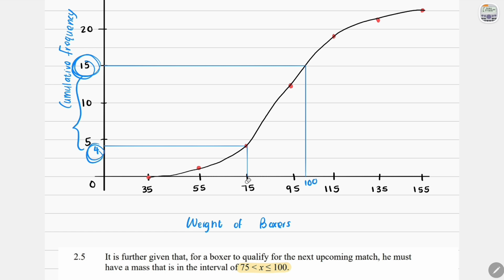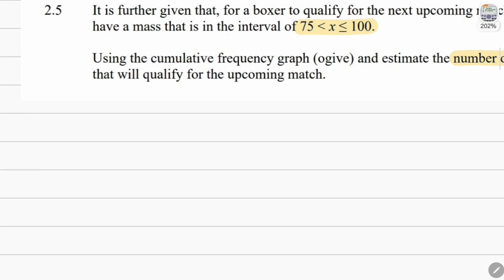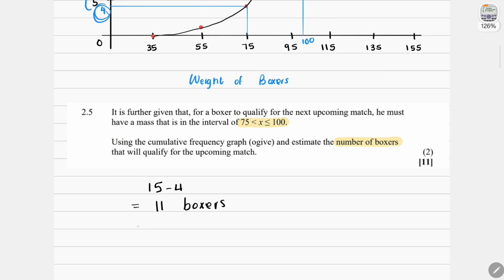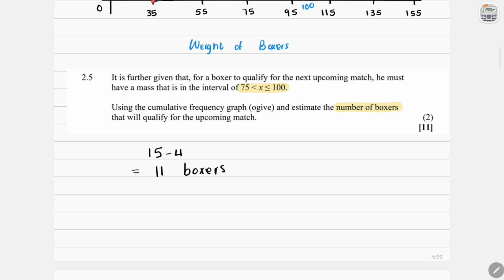But the total people who weigh 75 or less than 75 are 4. So that difference would give you the people between 75 to 100. Remember, there is a range of values that they will accept. So that is 15 minus 4, which is a total of 11 boxers. And that is our answer. 11 boxers would qualify for the upcoming match.